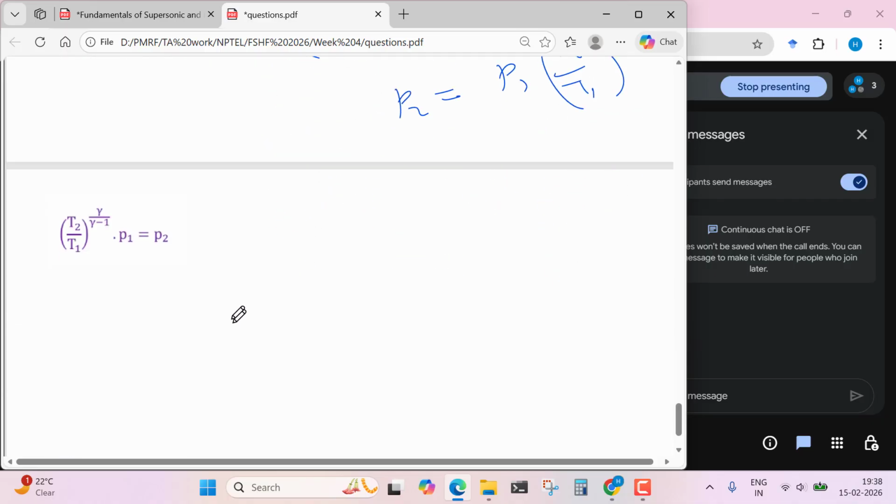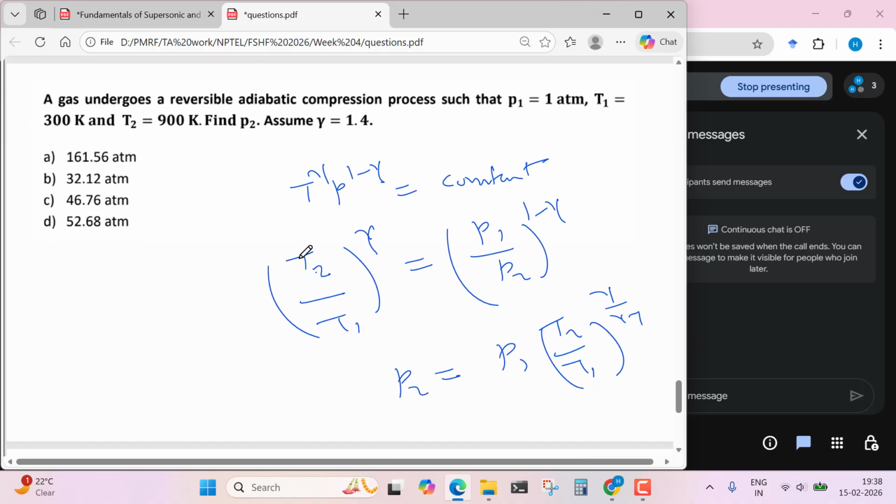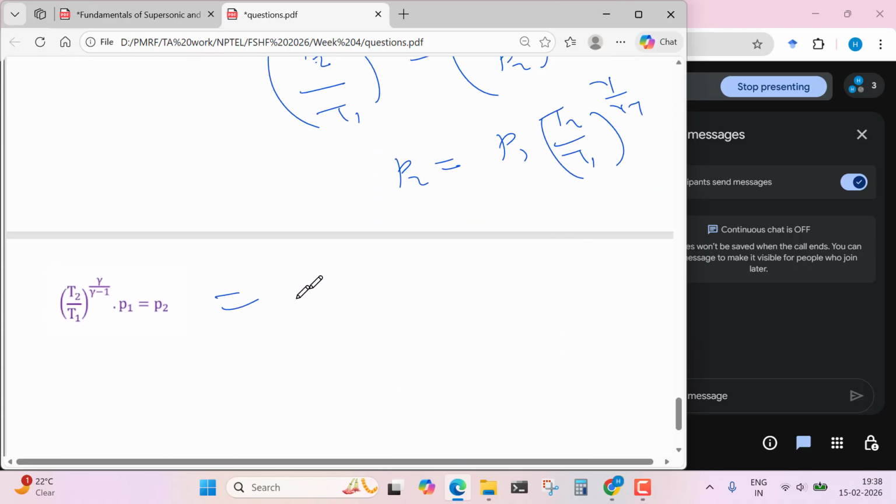If we substitute the values, P1 is 1 atmosphere, T2 is 900, T1 is 300, to the power gamma upon gamma minus 1.